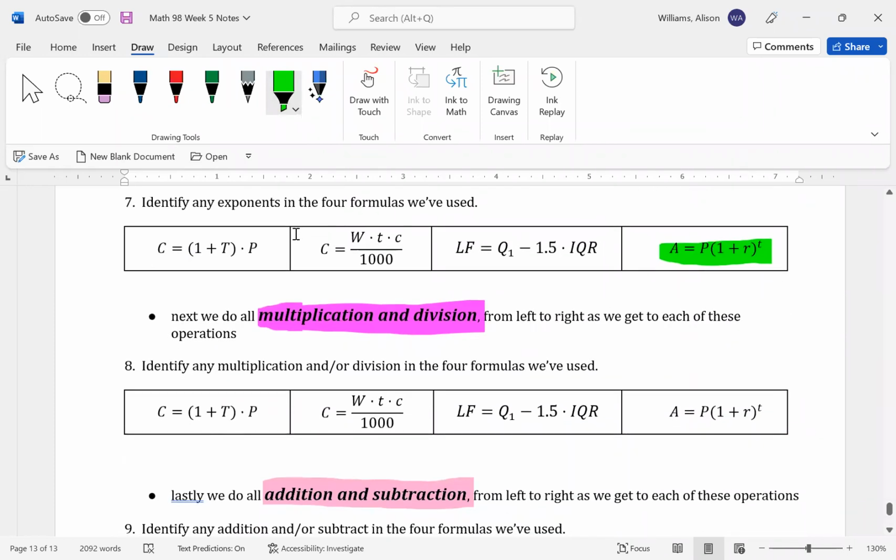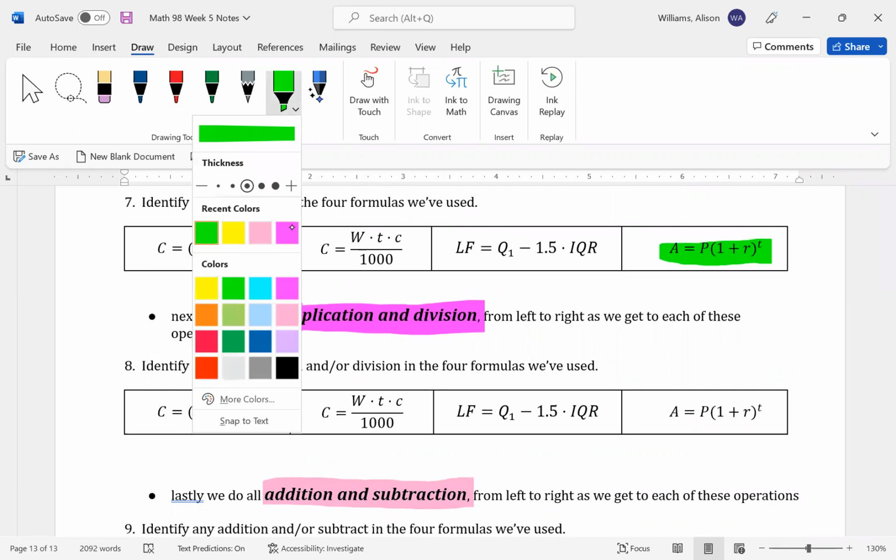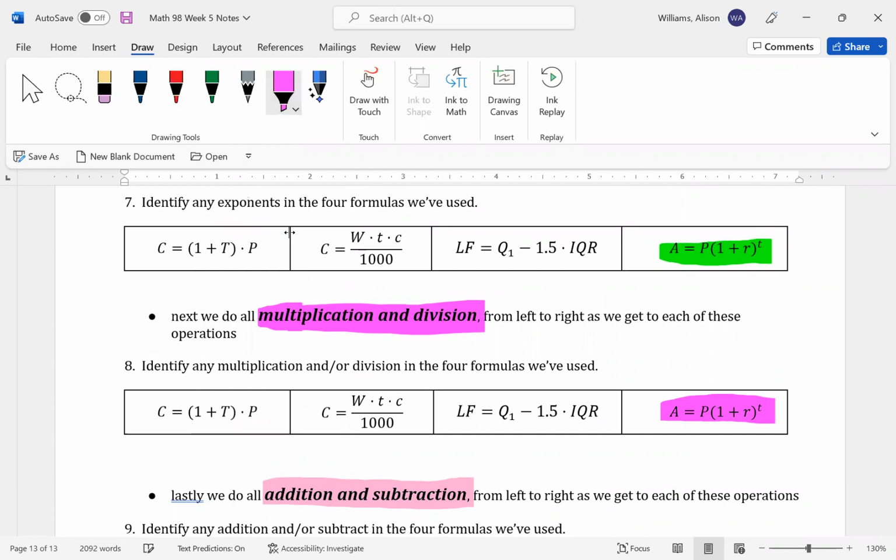Well, actually, all of them did multiplying and dividing, right? Here we multiplied the P times that parenthesis. Here we multiplied 1.5. Here we multiplied all the numerator and divided. And then here we multiplied the parenthesis by P. So in every single one, we had multiplication and only one of them we had division. That was the second one.